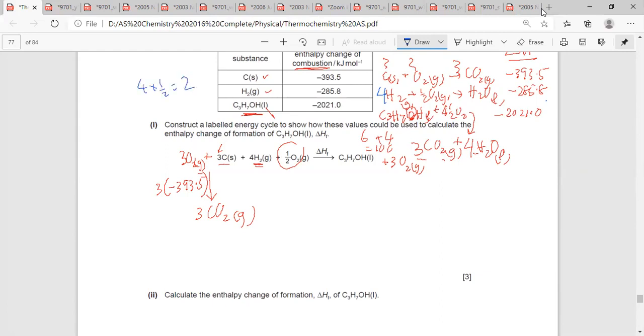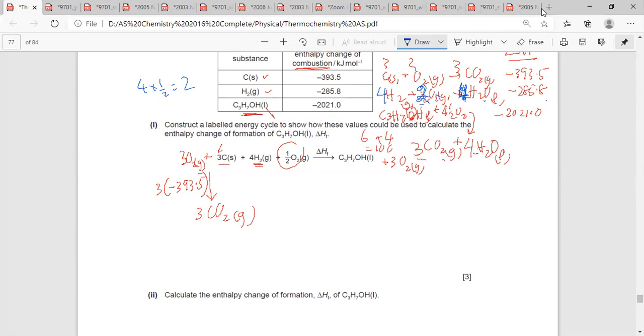So here should be 2. 2 times 2 is 4. Now here, it's already half here.